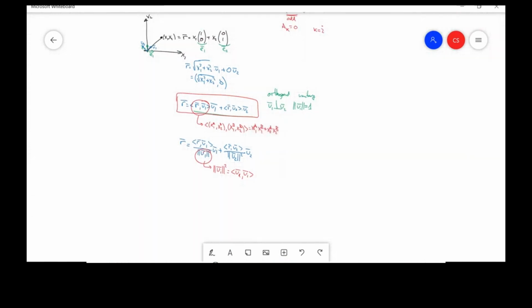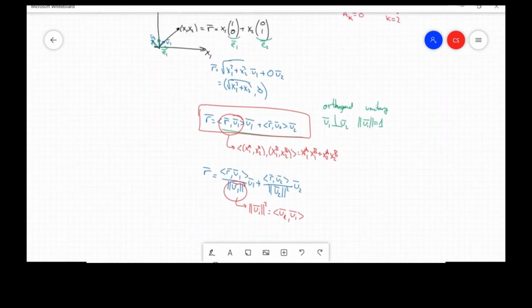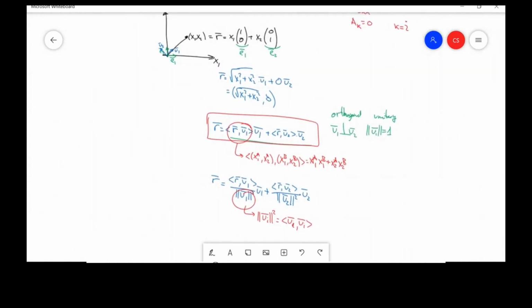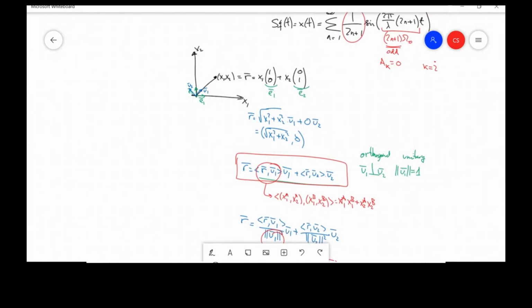Okay, so let's recapitulate a bit. I had a vector, this vector here, and we are used to think of it as x1, x2. But actually, x1, x2 is just this expansion. Only that we never write e1, e2, the unitary vectors aligned with the axis. We never write them, but they are there.